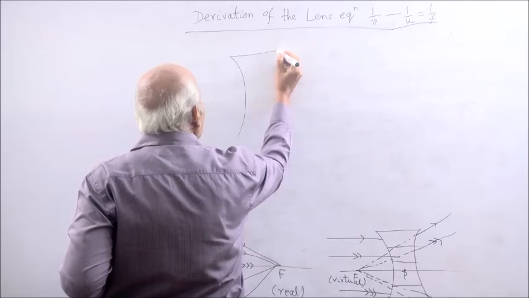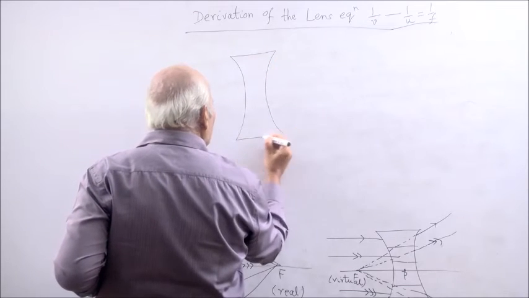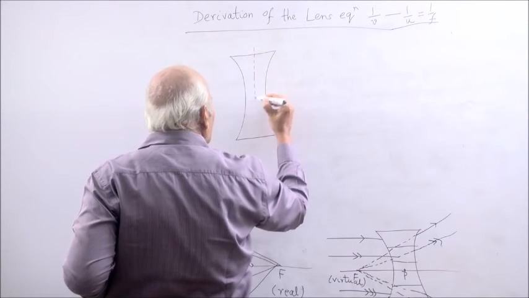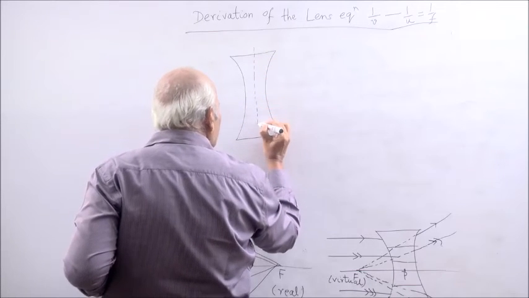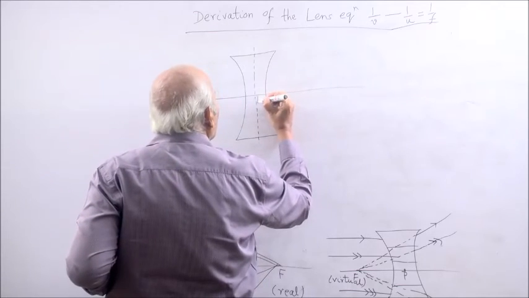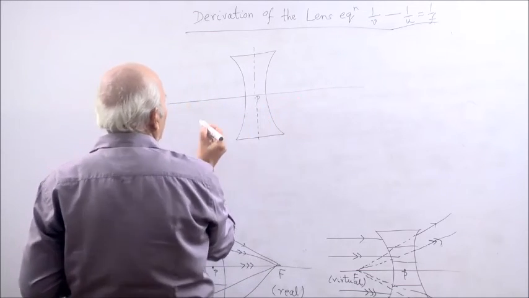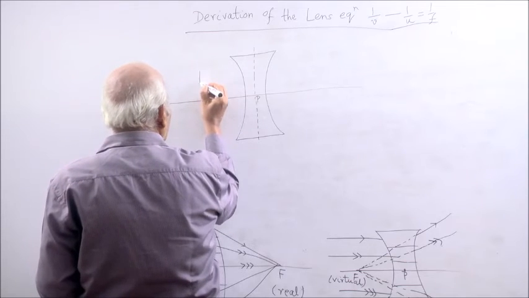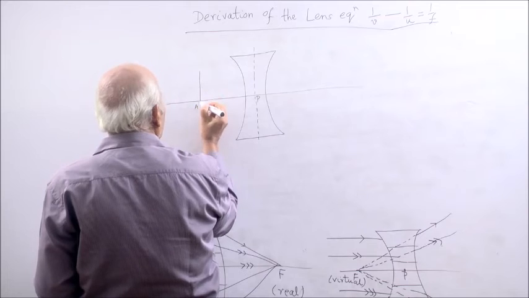Suppose we take the concave lens case. It is a symmetric axis, and this is your P, optical center, and suppose there is an object here, AB.